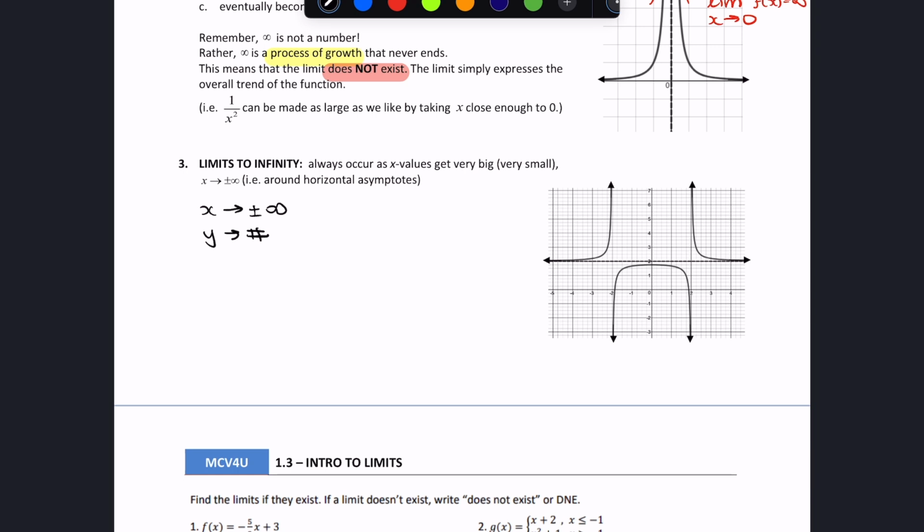So we see here, the limit as x approaches negative infinity. Oh, can't draw infinity. So as x approaches negative infinity, here f of x is equal to 2. And on the other side, the limit as x approaches positive infinity, f of x is equal to 2.